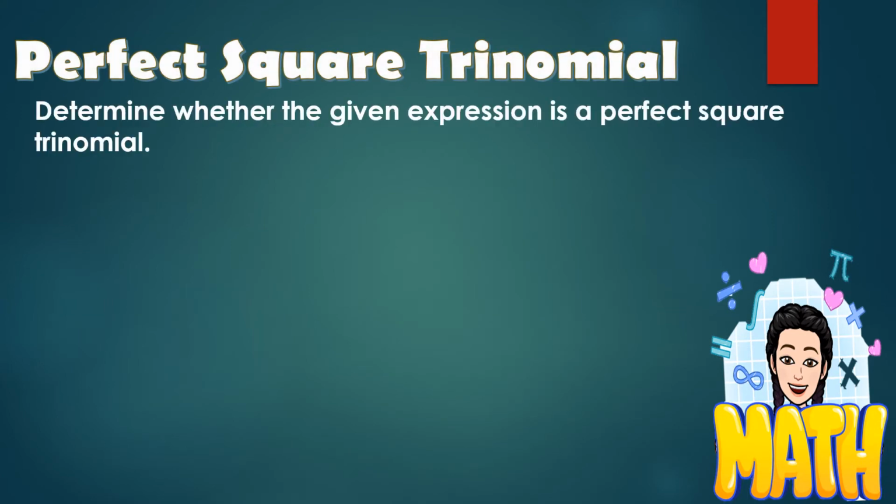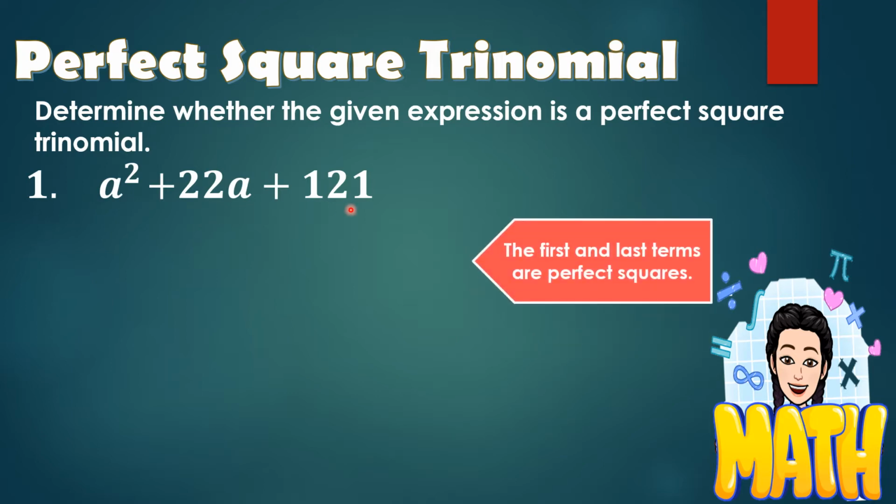Let's apply those properties to determine whether the given expression is a perfect square trinomial. Number 1, a squared plus 22a plus 121. Ang una nating gagawin is to check if the first term and the last term are perfect squares.